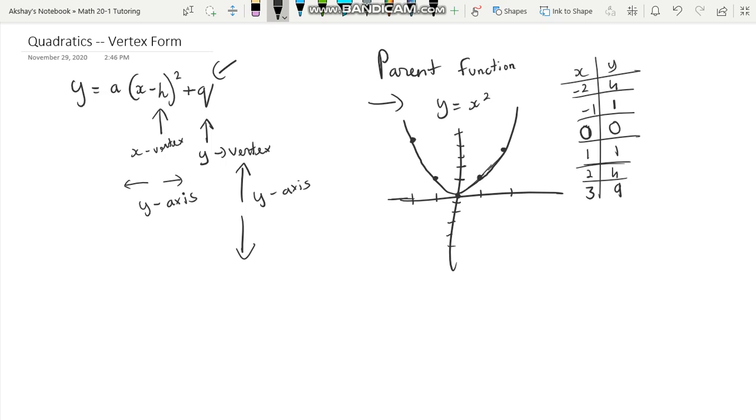Our a value vertically stretches our function to be either compressed, or expanded, more spread out and wider, or to be turned completely and be in negative form. Let me just draw that a little better.